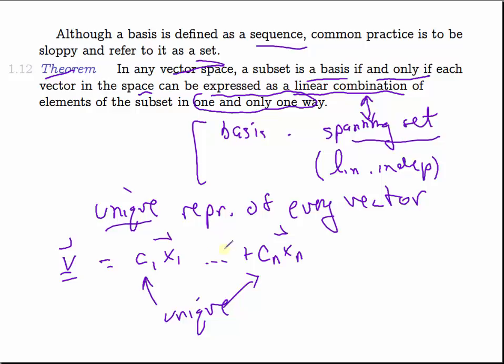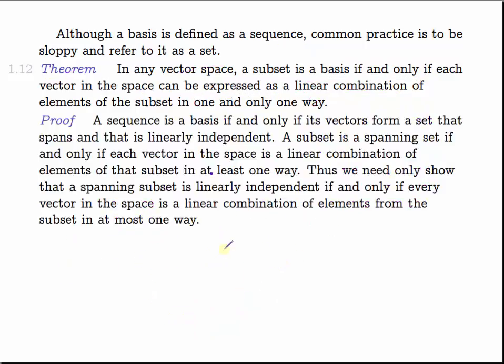So let's go to the proof and see what's going on. Here we have that the sequence is a basis if and only if its vectors form a set that spans and is linearly independent. A subset is a spanning set if and only if each vector in the space is a linear combination of elements in at least one way.